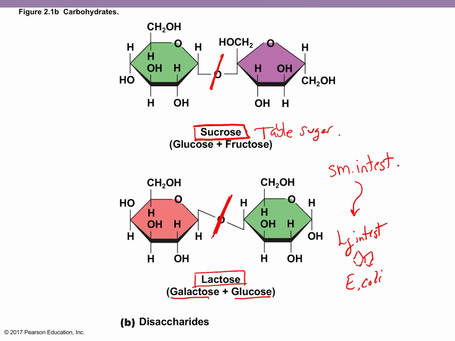and then the E. coli, or the bacteria that are there, specifically E. coli, is one of the more profound lactose fermenters. The E. coli in your large intestine will begin to digest the lactose. It will ferment the lactose, and as a byproduct of fermentation, you're going to get a gas byproduct.